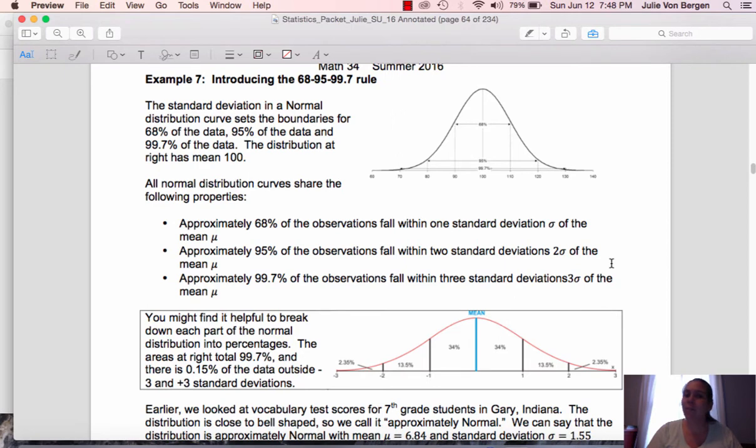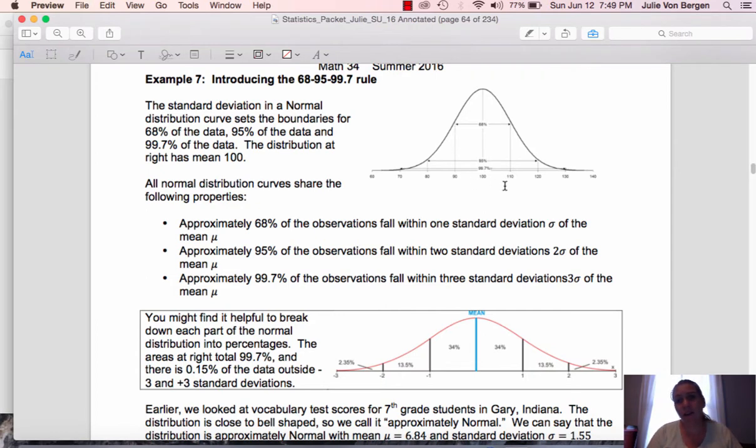Example 7 introduces what we call the 68, 95, 99.7% rule. So all normal distribution curves have the same bell shape. They might be stretched or compressed in different ways depending on the values for the standard deviation. But we see in this graph it's centered at 100, and so if we go down one standard deviation, we've gone down to 90, and if we go up one standard deviation, we've gone up to 110.